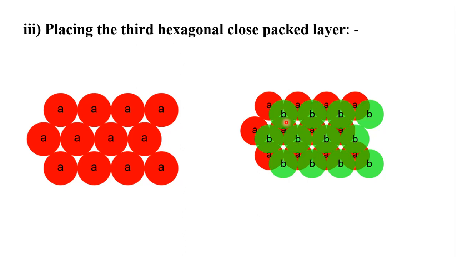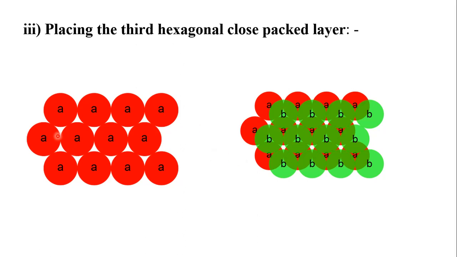Due to such stacking of two hexagonal close packed layers, two different types of voids are created: one is the tetrahedral void, and the other is the octahedral void. When the sphere of the second layer is placed in the depression of the first layer, the empty space between these four spheres, that is three spheres from the first layer and one sphere from the second layer, is known as a tetrahedral void.